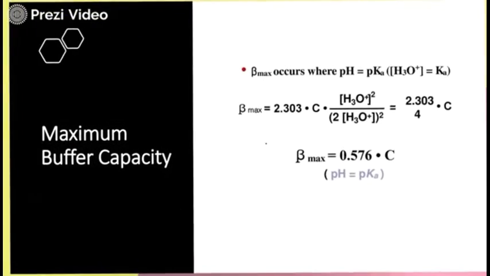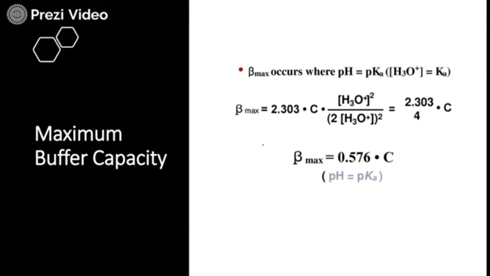The magnitude of the resistance of a buffer to pH change is referred to as the buffer capacity. It is also known as buffer efficiency, buffer index, and buffer value.